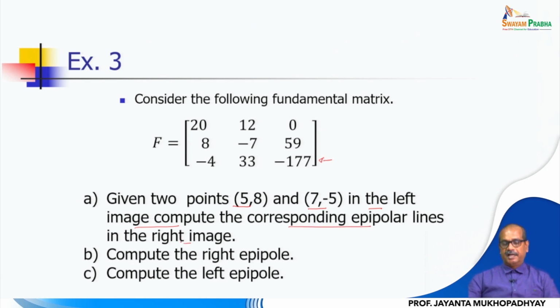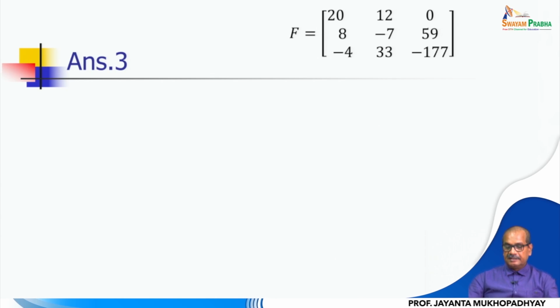That means I want an epipolar line for each one of them. Then compute the right epipole and also the left epipole. So these are the 3 things which let us try to solve.